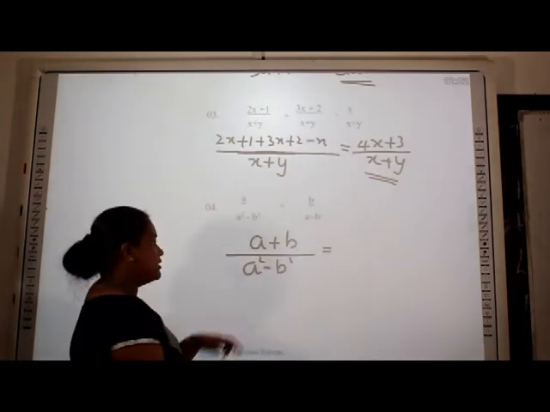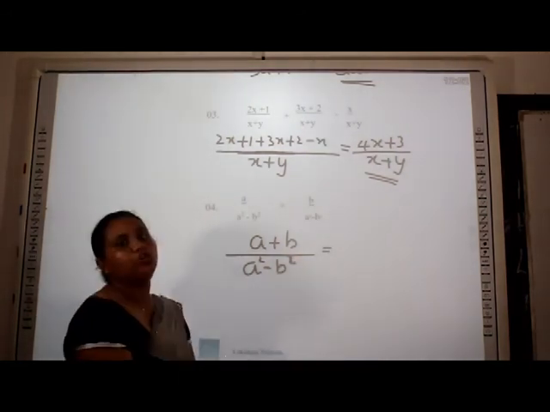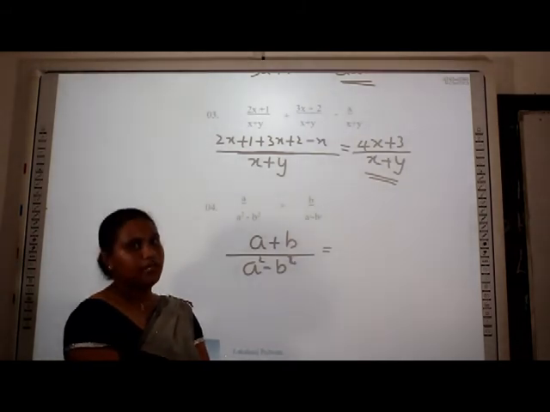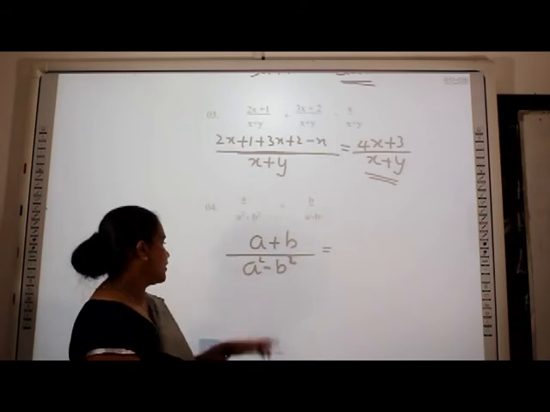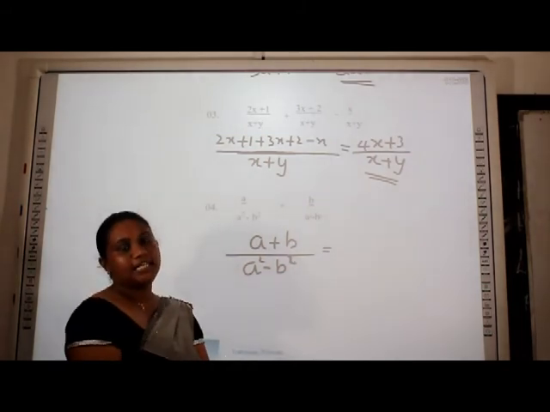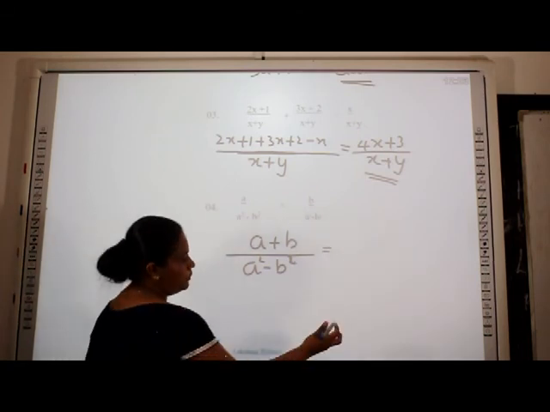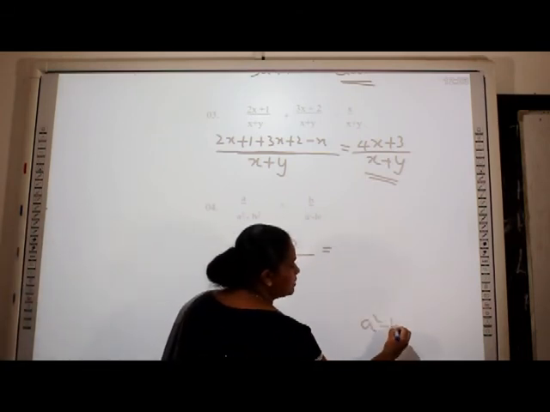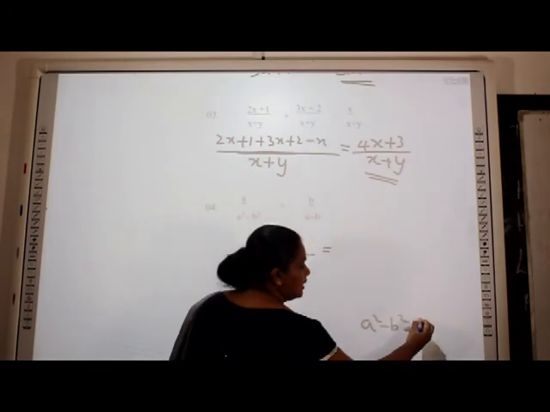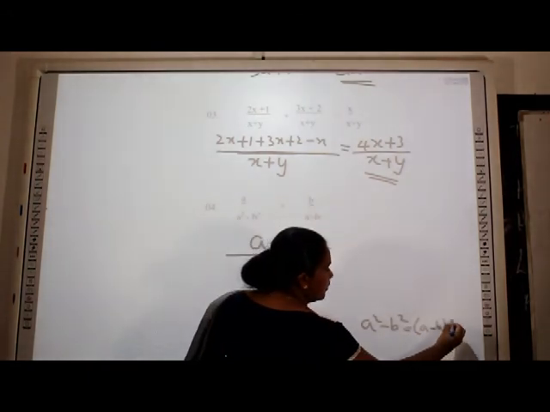Now this should be familiar to you. You should remember the factorizing lesson in first term. Here what is? This is difference of two squares. How can you factorize? You know a square minus b square means what? A minus b into a plus b.